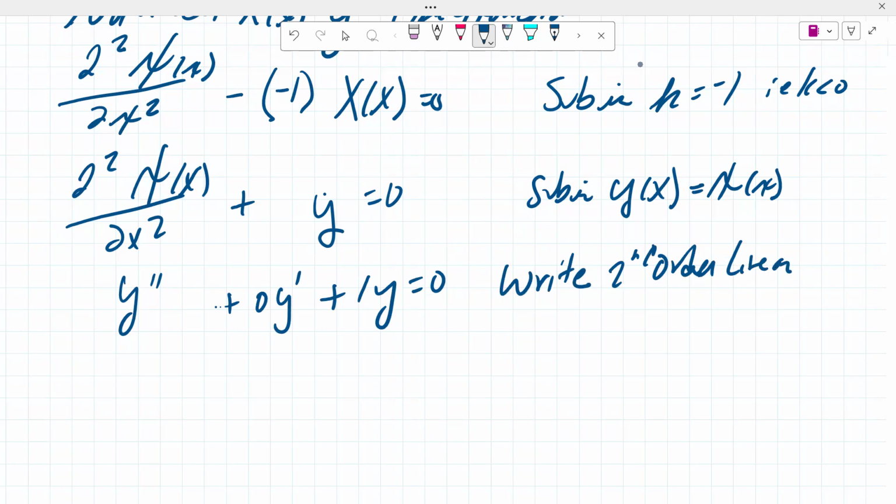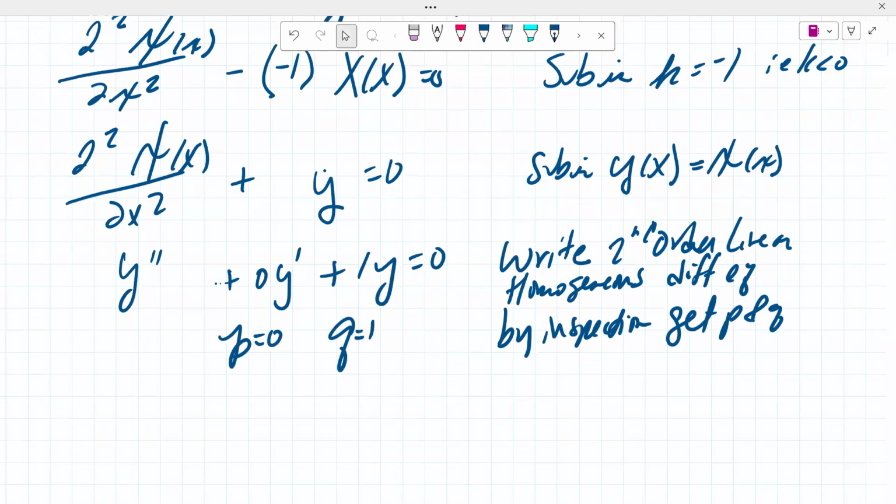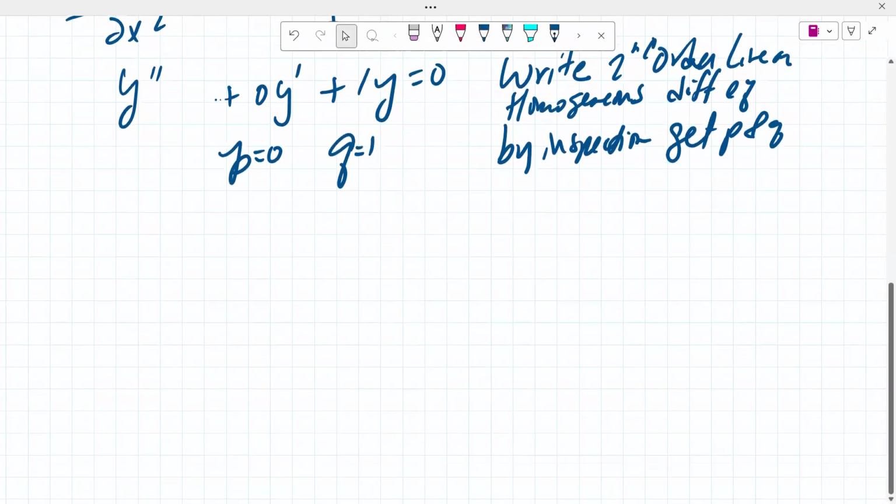And now we can deduce our p and q by inspection. So p equals 0 and q equals 1 by inspection. This is our usual procedure for solving second order linear homogeneous differential equations.